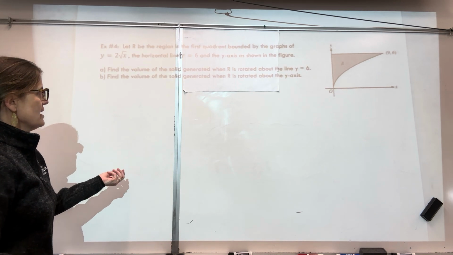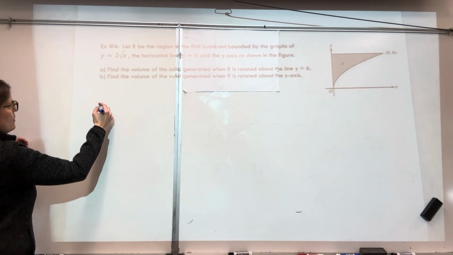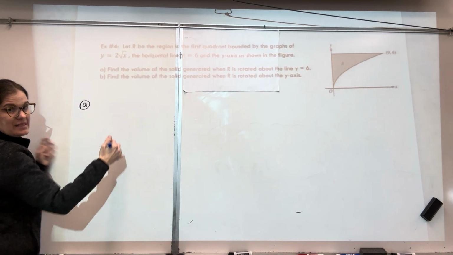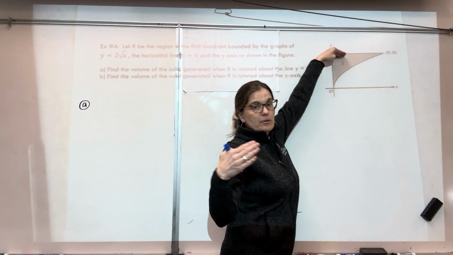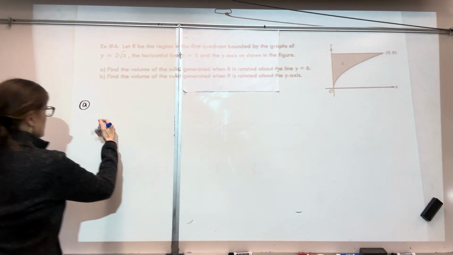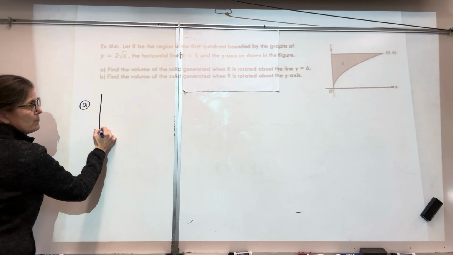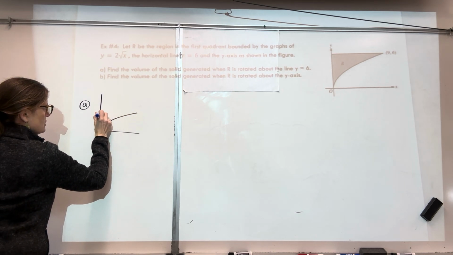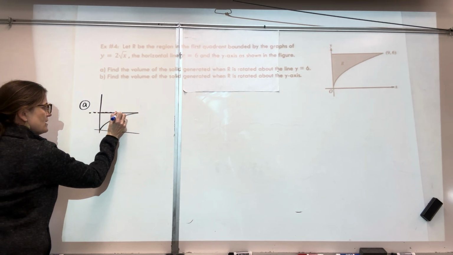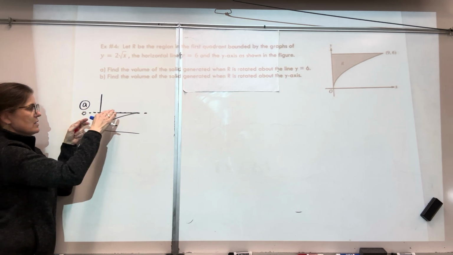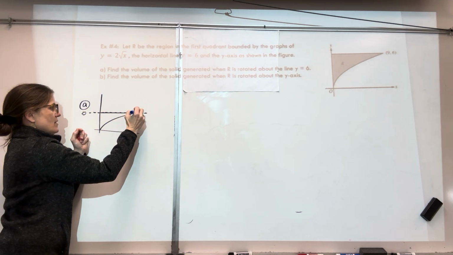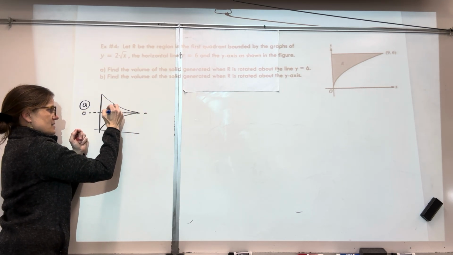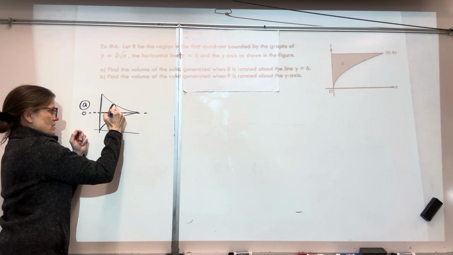Let's do part A. We're taking that region and revolving around the line y equals 6, that top horizontal line. I'm just going to resketch over here. So here's my region, and I'm revolving around that line y equals 6. Because there's no space in between, I know it's going to be a disk every time I slice it.